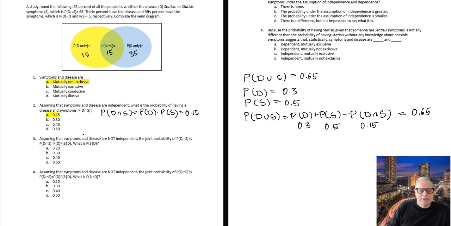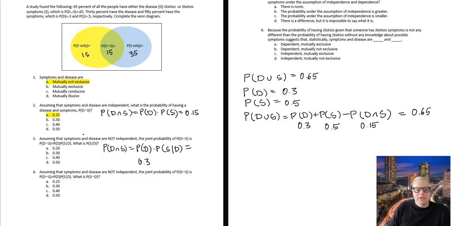Assuming that the symptoms and disease are not independent, the probability of disease and symptoms is given by the probability of disease times the probability of symptoms given that they have the disease. How much is that one? Well, the probability of disease, that is still 0.3.